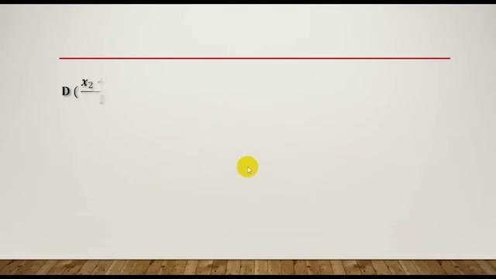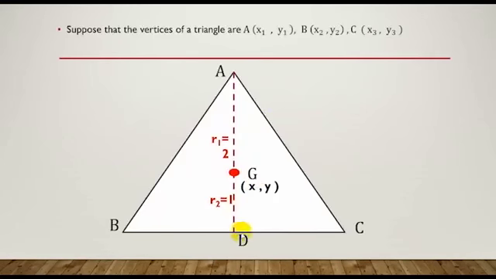Okay. For our dividing, if we look here, this one comes and divides that one exactly in half. In half means this part equals that part. So if I want to get D, that means from x2 and x3 we get the mean, the average of it.